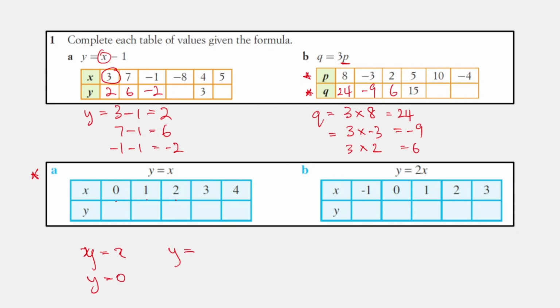If x equaled 1, y would equal 1. This one, we know what the starting point would be. If it doesn't have a constant term, it's 0. The gradient is 2, so it's going to go up by 2 each step. So 2, 4, 6, and of course if we're going the opposite way, we're going down, minus 2.